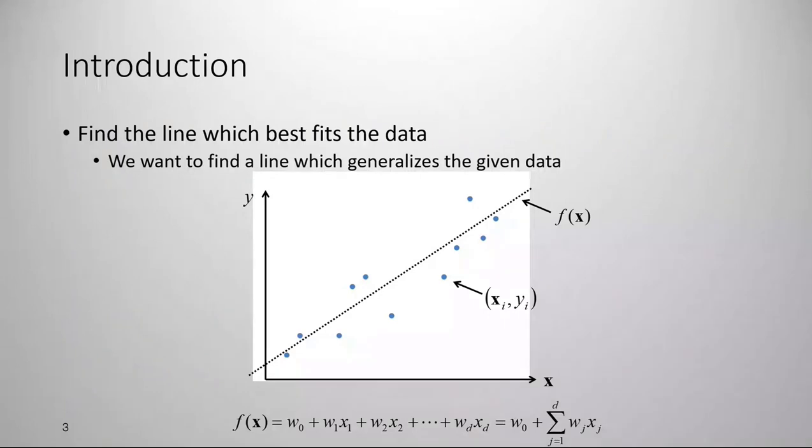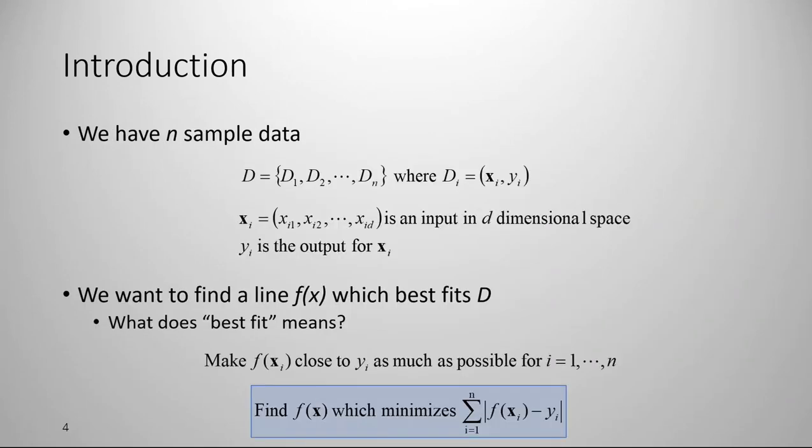We have learned that we need to find the best fit for the data. The main aim is to find the line which best fits the given data, a line which generalizes the given data. If we see these blue dots, these are the data points given to us to describe in a function.